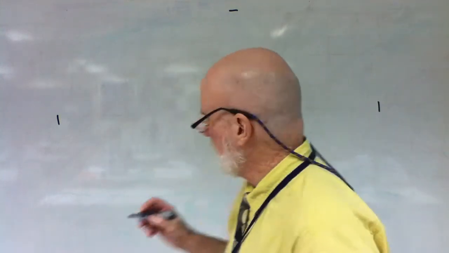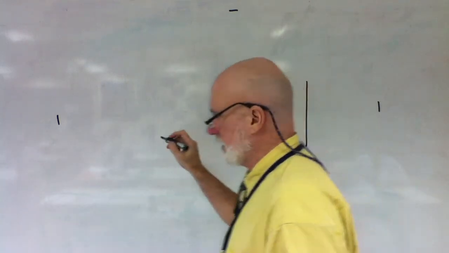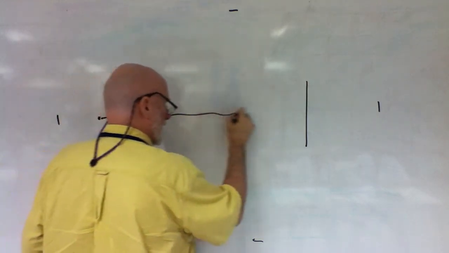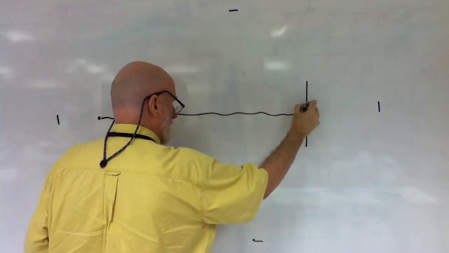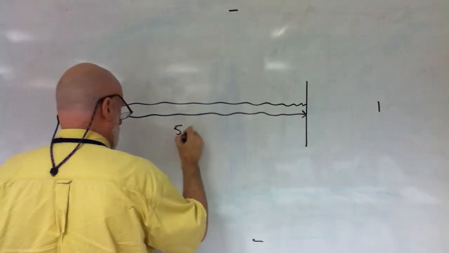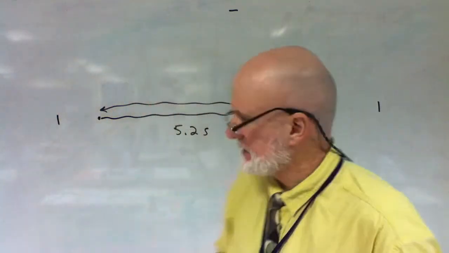So, remember what an echo is. An echo is, here's the wall, and here is the source of the sound here. When it goes like this, and then is reflected back, that's 5.2 seconds, correct? Yes? 5.2 seconds.